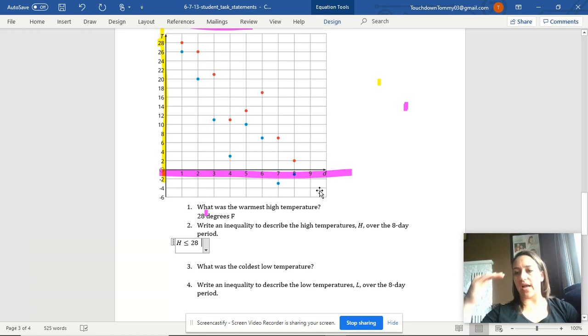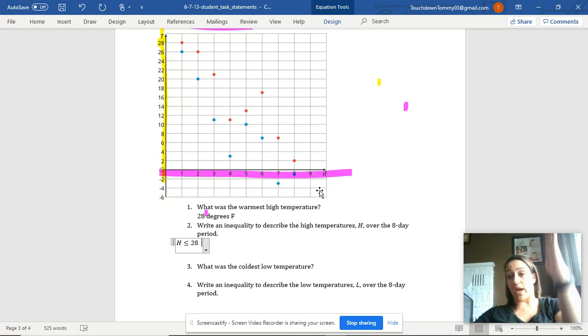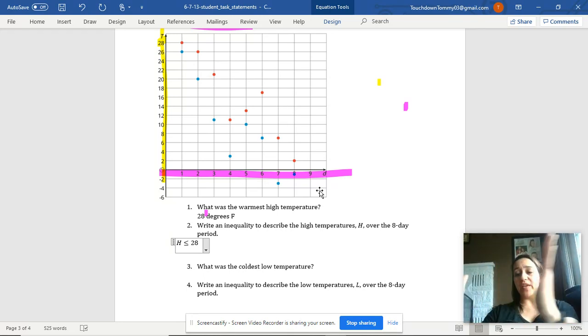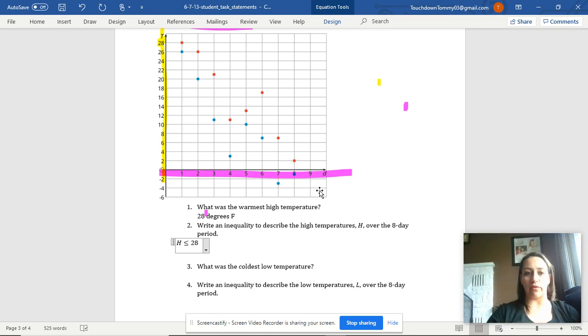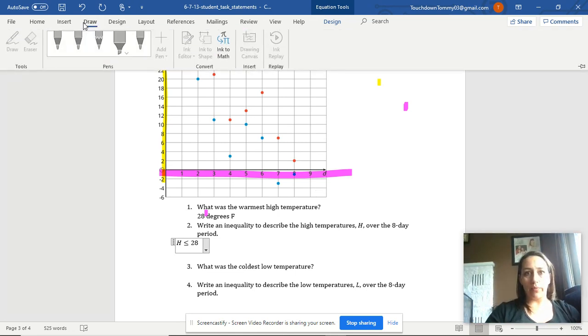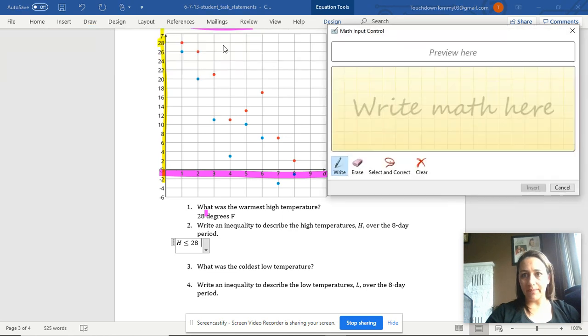So we also need kind of like a bottom point on this. So I'm going to use a second inequality to show that we have a range. So we're within a span here, but we have kind of a top cap and a bottom cap to that range. So I'm going to draw one more time using that math thingy.